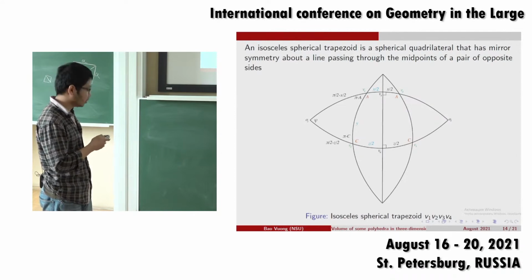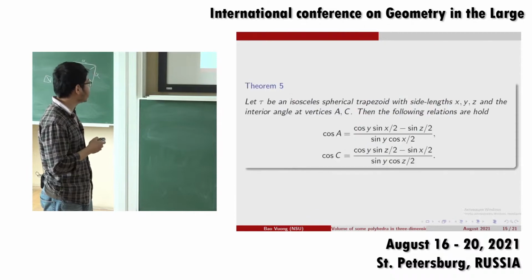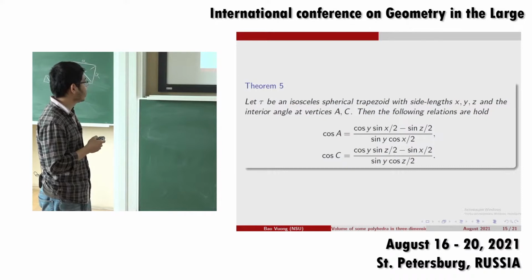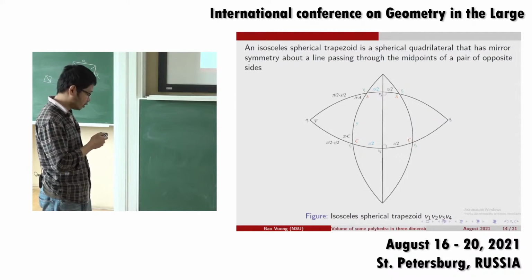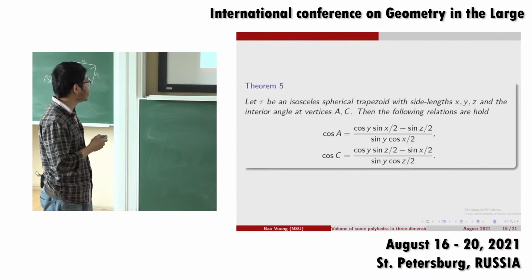We get a property of the isosceles spherical trapezoid which expresses the relation between the side lengths and the angle. This is the following relation, and it is quite symmetric in the x side lengths.